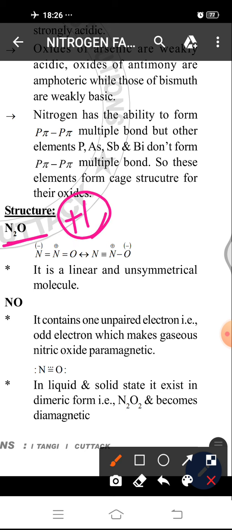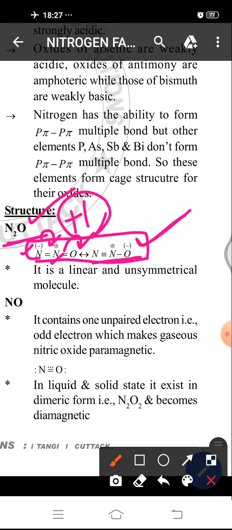It exists in a structure with one N containing a minus charge and one N containing a plus charge. In resonance, if the minus charge is transferred and the double bond is transferred to oxygen, then this structure results. This is the resonating structure of nitrous oxide.